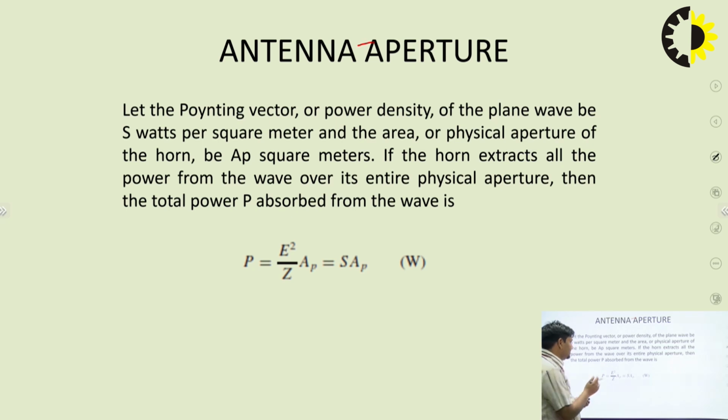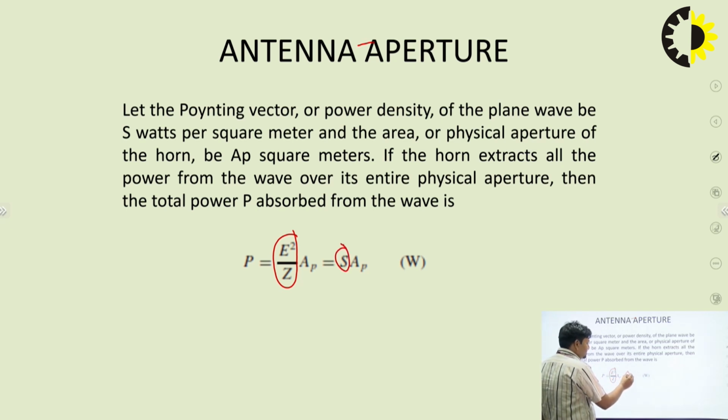Using the aperture area, we decide the effective power received by the antenna. This is the ratio of E square upon Z, where Z is the impedance of air, which is 377 ohm, and E is the electric field or voltage appearing at the receiving antenna.